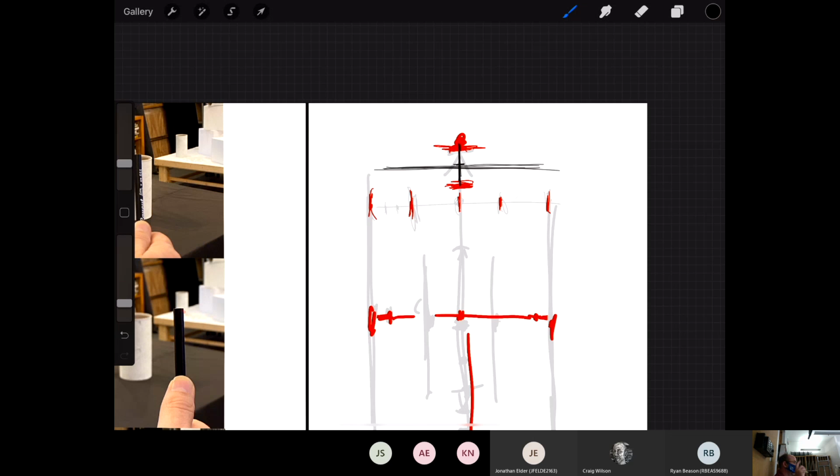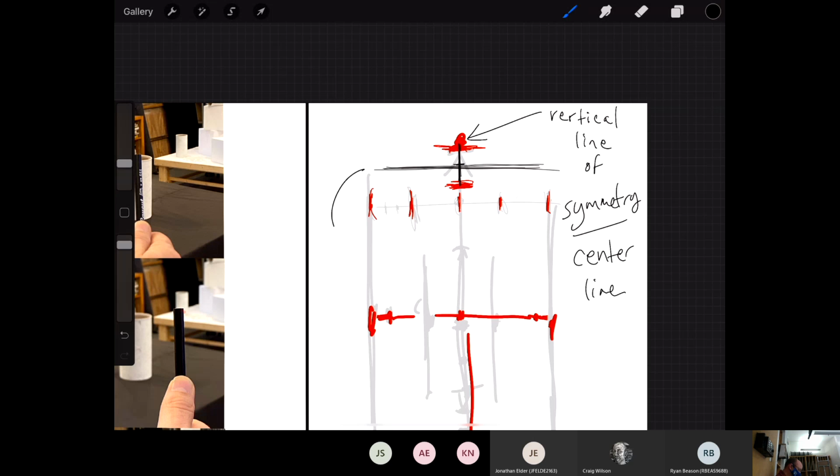So that cross logic that determines the height versus the width is determining this is the vertical line of symmetry, or the center line. And this is the horizontal line of symmetry, or center line.